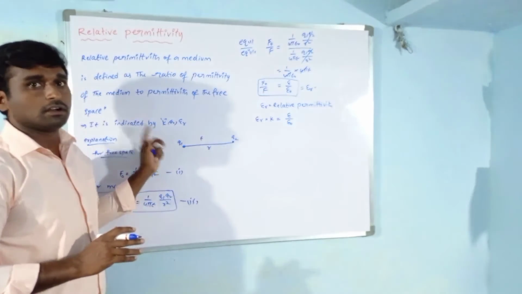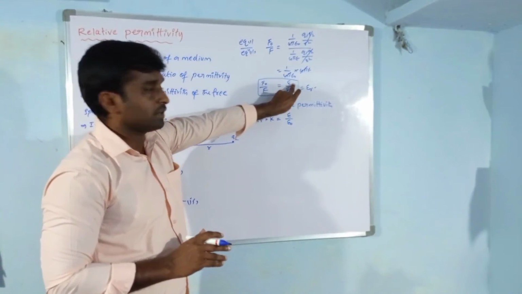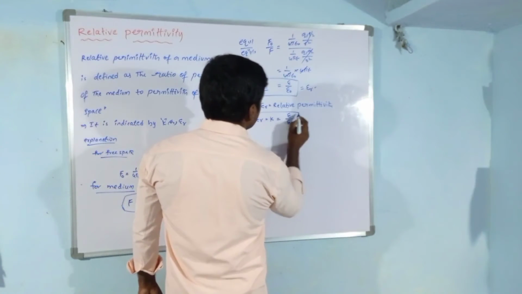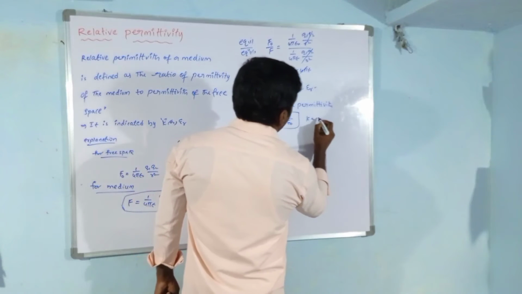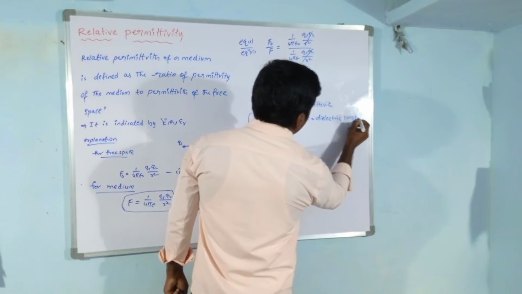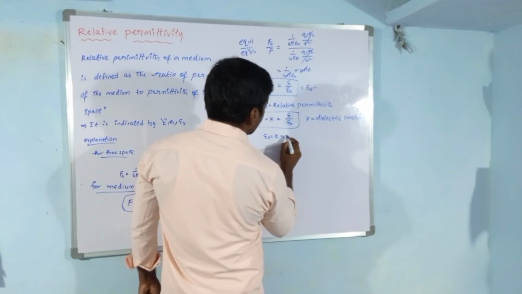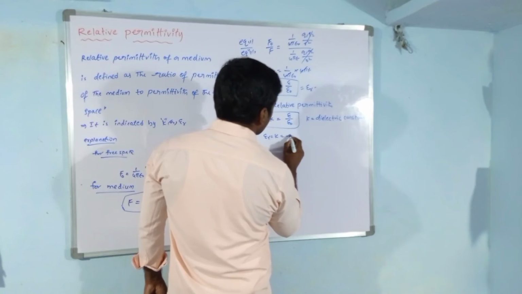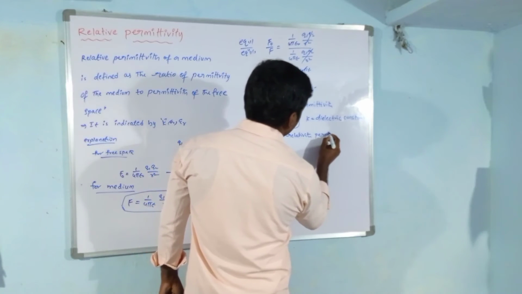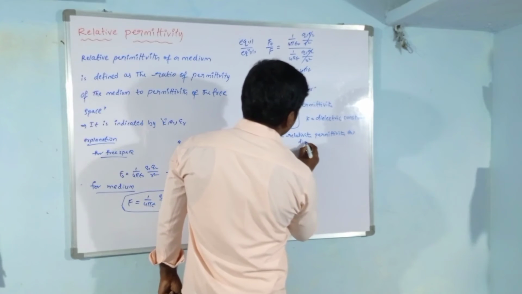Dielectric constant and relative permittivity are both the ratio of the permittivity of the medium to the permittivity of free space.